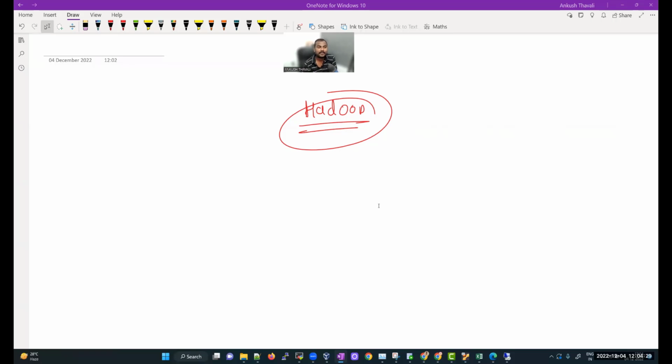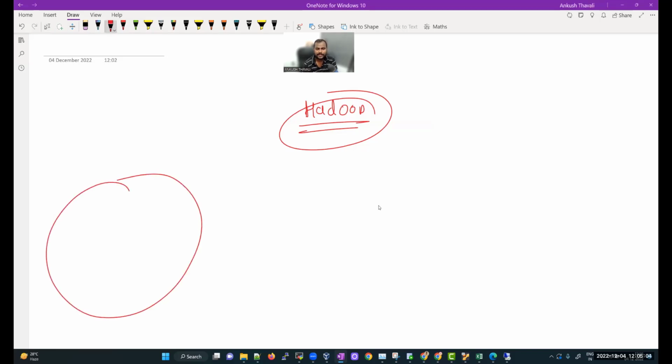Because earlier we were not able to utilize that existing data, but nowadays there are multiple frameworks which help you to analyze your existing data, and from that data you can take a decision on what will benefit to increase your business itself. So let's say whenever you have a huge amount of data, Hadoop is a framework which is mainly helpful to process your huge amount of data.